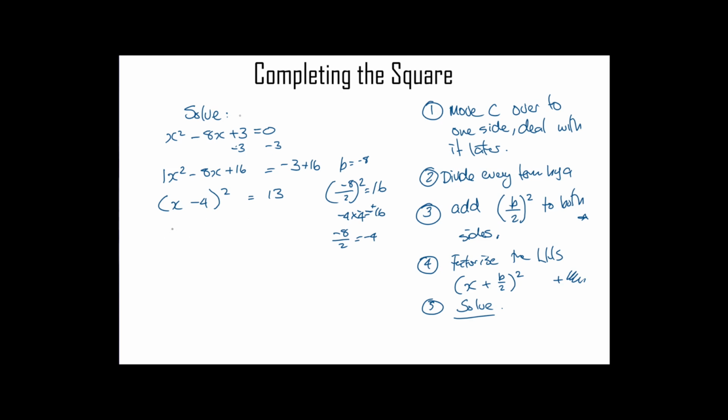We take the square root of both sides. x minus 4 equals the square root of 13. And then we're going to add 4 to both sides. Plus and minus. And that's going to be our answer. So one of our answers is going to be 4 plus the square root of 13. The other one is going to be 4 minus the square root of 13.